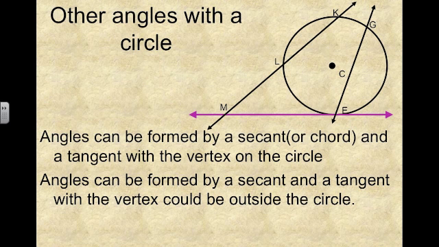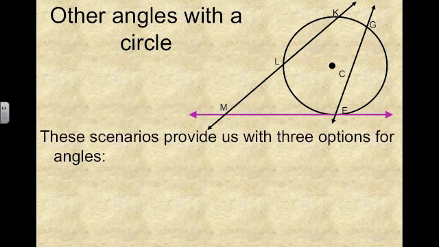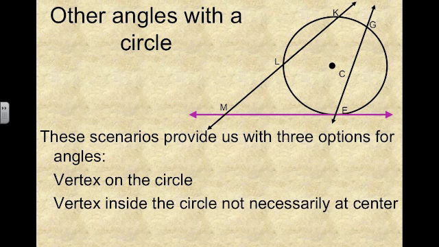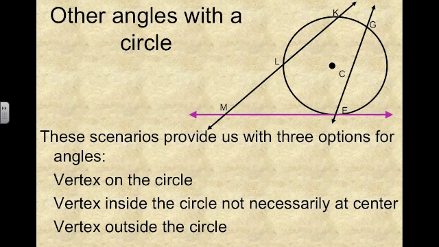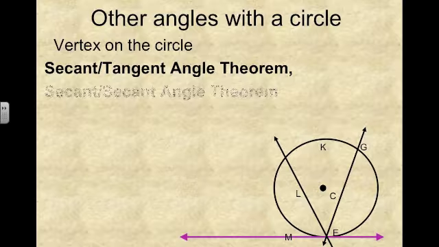So when we bring in a tangent line, we have the option of either being on or outside. And the vertex can also be inside the circle, but not necessarily at the center, or outside the circle. So those are all our options, and we've got to figure out how to find the angles for that.